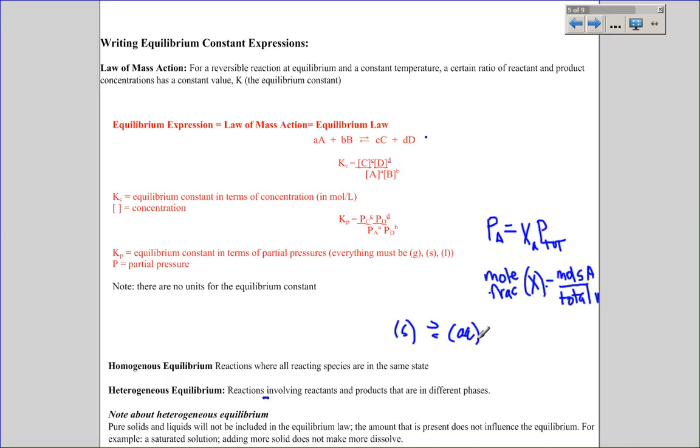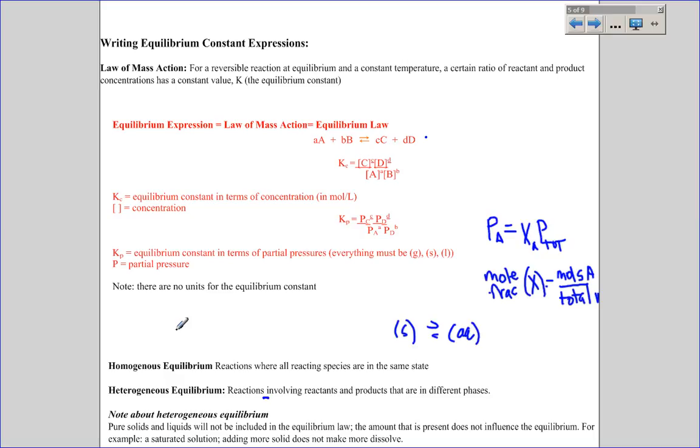So you've got a heterogeneous equilibrium. A saturated solution, as you know, is one where the maximum amount of substance is dissolved. So if you have this equilibrium and it's already saturated, adding more solid to that system is not going to make more dissolve. So the solid itself is not going to affect the position of the equilibrium, the amount of reactants and products that we have.